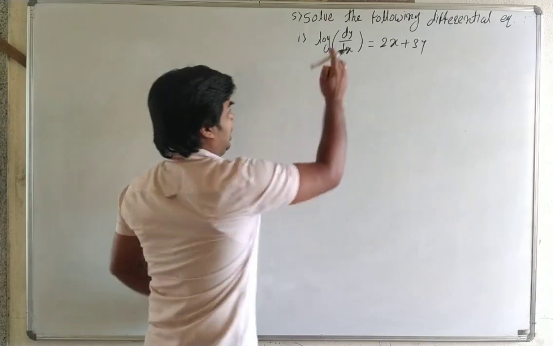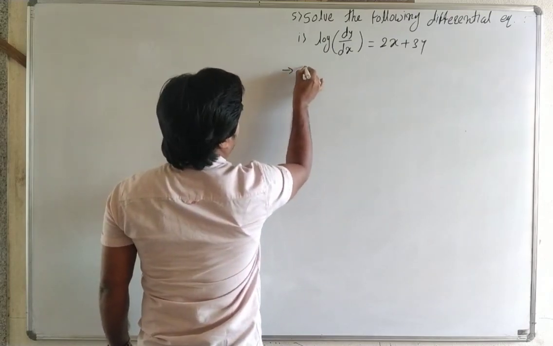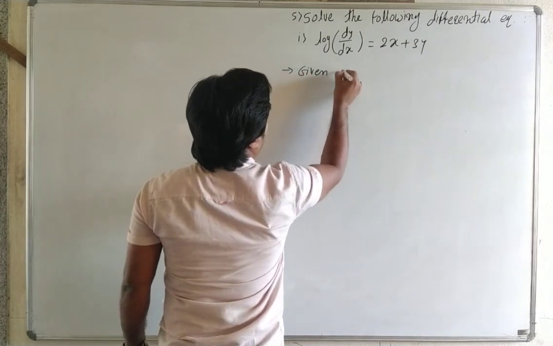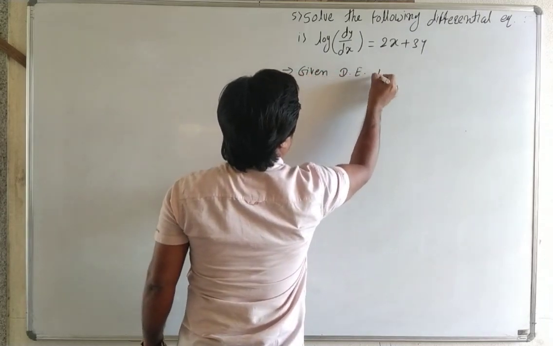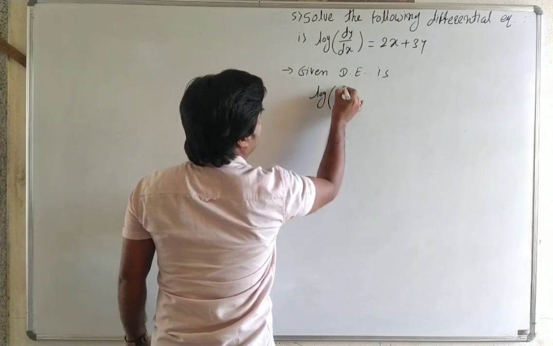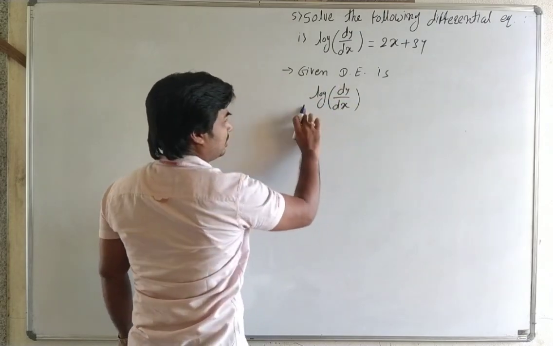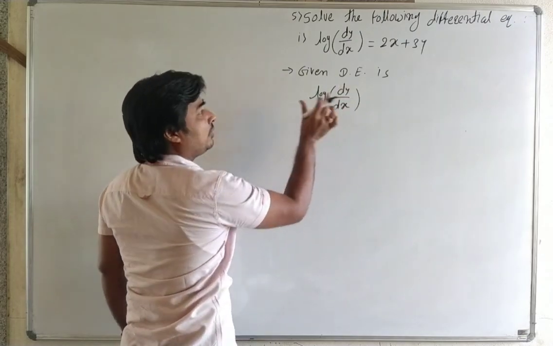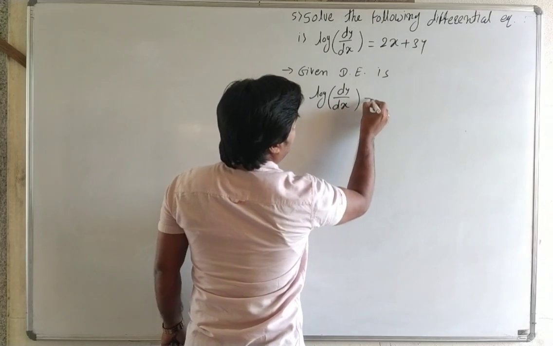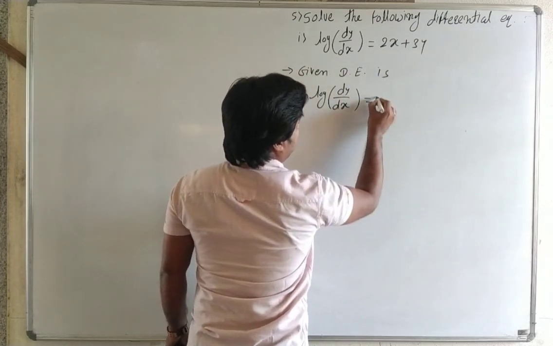Here we see the given differential equation: log of dy by dx. The differential coefficient is inside the function log, so it is not a polynomial in the differential coefficient.